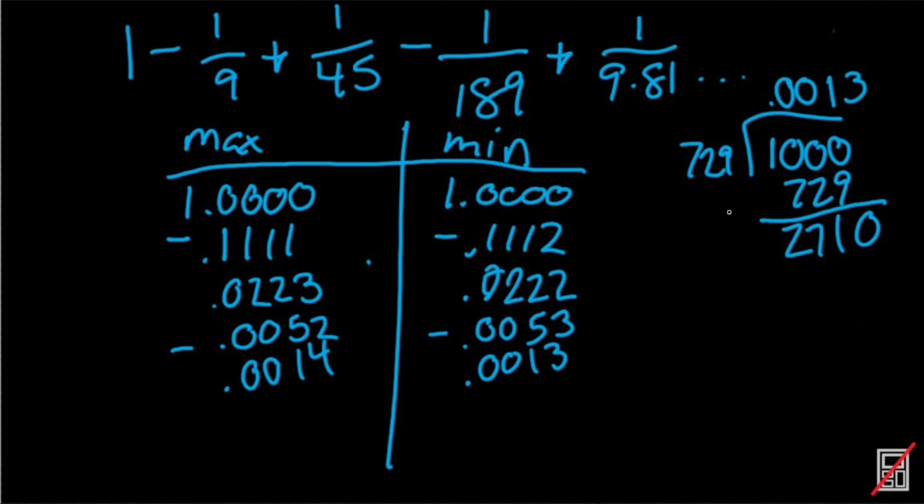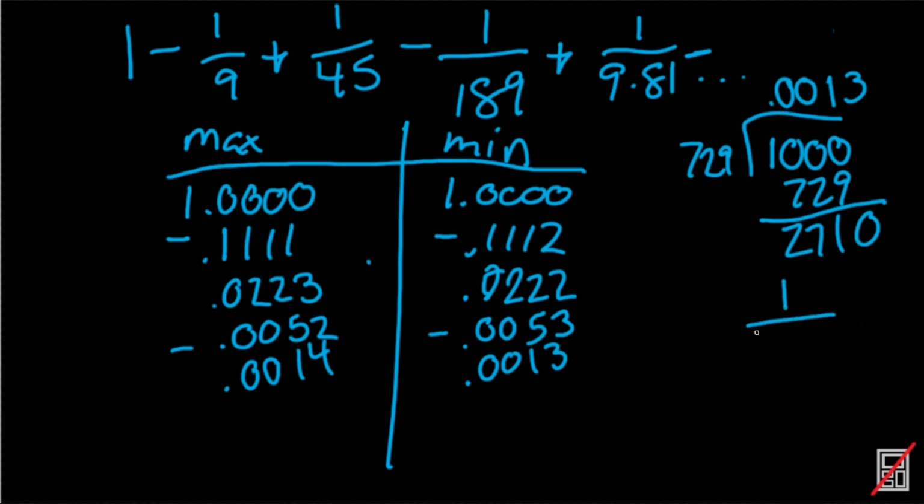Now the remaining terms, like I said before, it's going up and down, plus minus, and the terms are getting smaller. So since the next one's negative, we can just lop everything off to get a maximum, or we can look at the next term and subtract it to get this one.